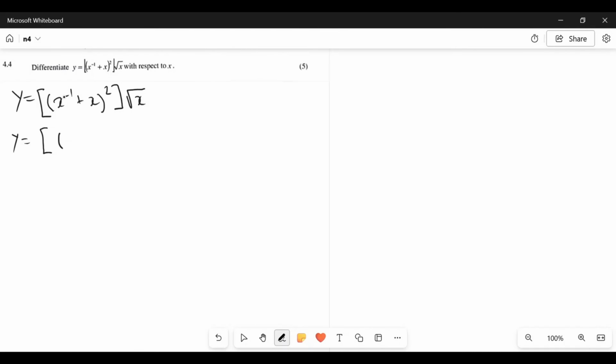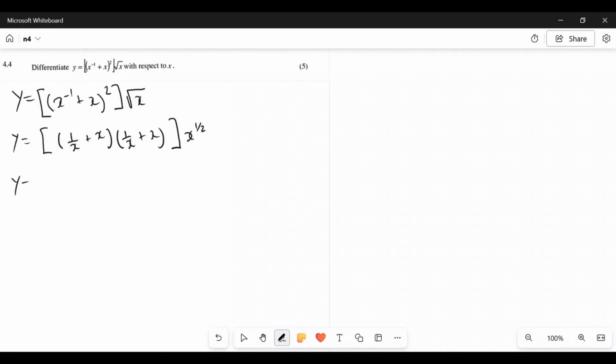So write this x to the power of -1 as 1 over x plus x, close bracket, and then open bracket. Remember, we have squared there, so let's repeat it. It's going to be 1 over x plus x, close bracket, we close the bigger bracket. Instead of writing the square root of x, we can write x to the power of half. It's very important for you to change this as well.